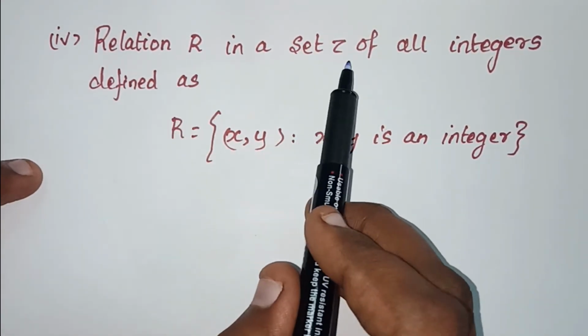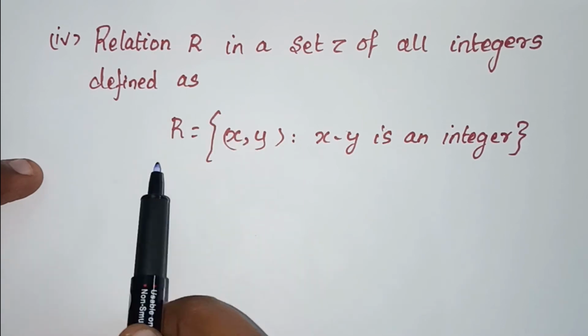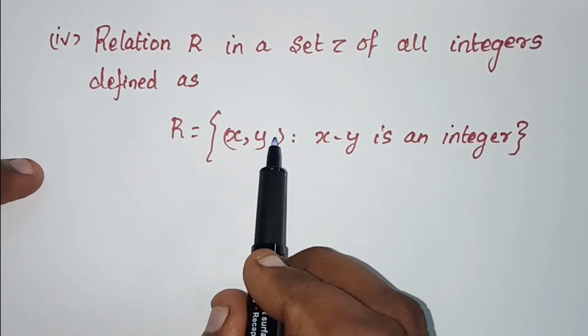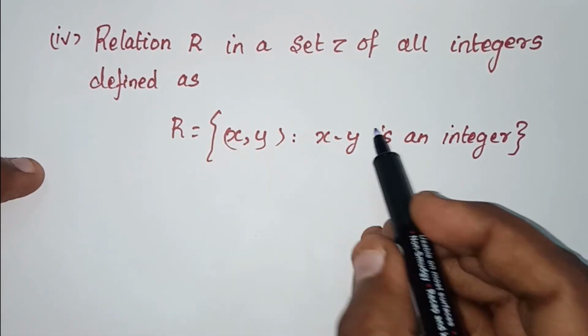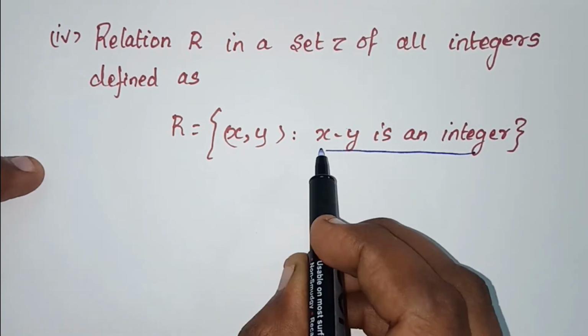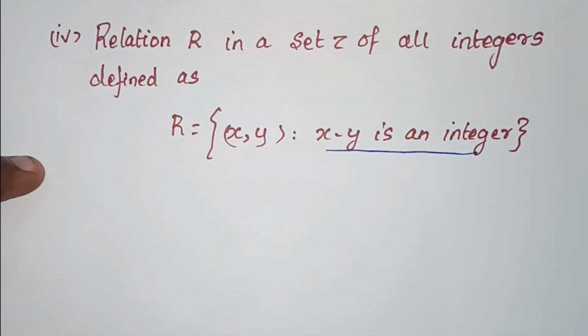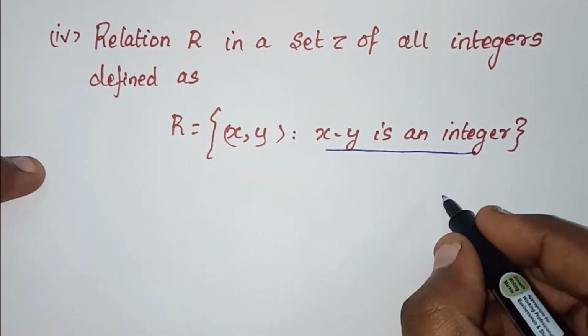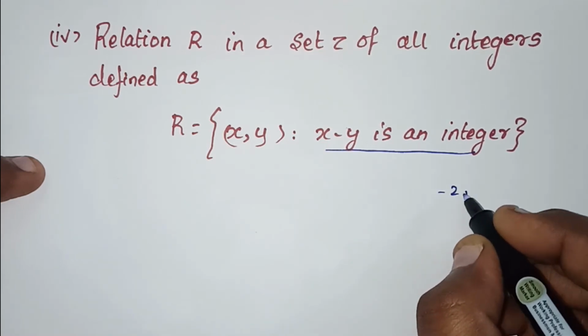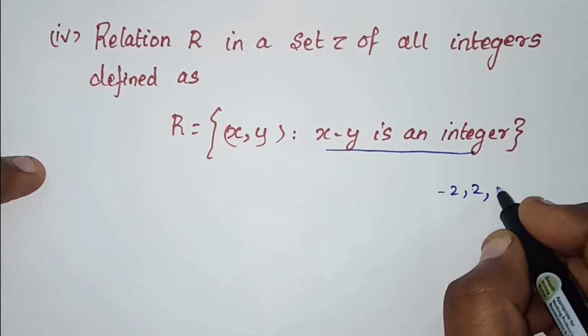Relation R in a set X of all integers defined as R is equal to {(x, y): x minus y is an integer}. So the given relation is x minus y is an integer. So the set is all integers. Okay. What is meant by integers? Integers comprise minus values, plus values and 0.